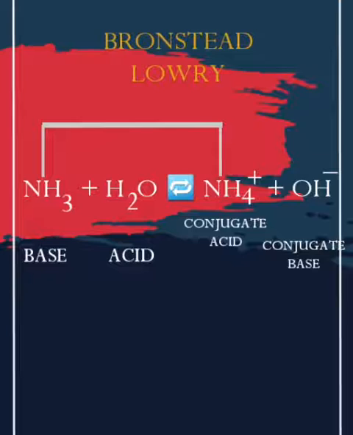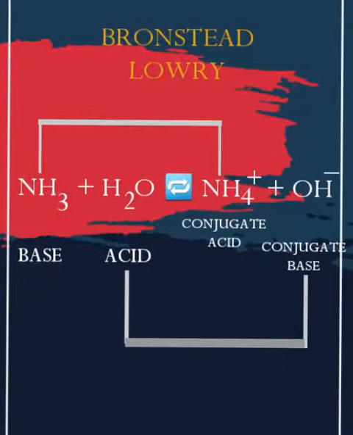In this reaction, water acts as an acid because it loses a proton and forms OH minus ion. Thus, water is the acid and OH minus is the conjugate base. Water molecule acts as a proton donor and ammonia molecule acts as a proton acceptor.